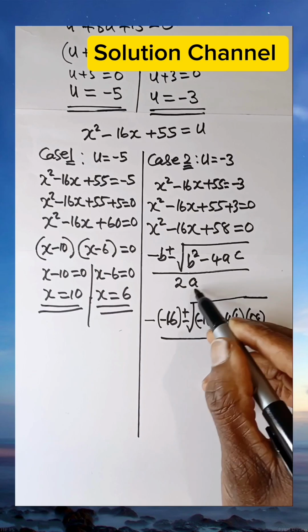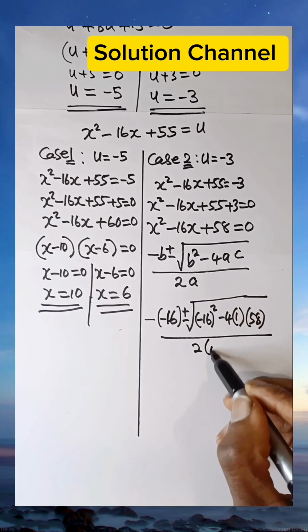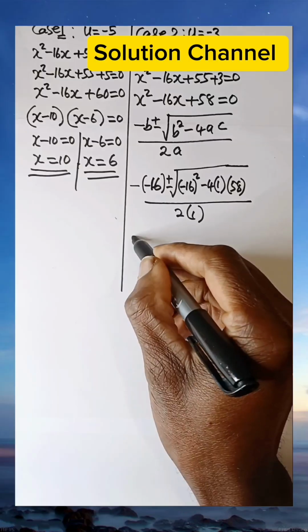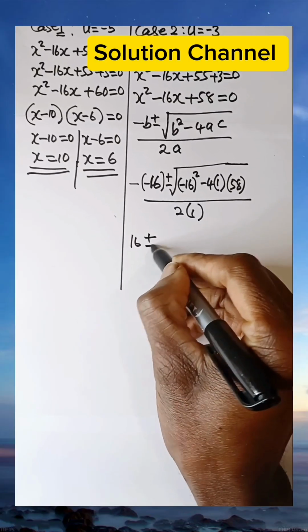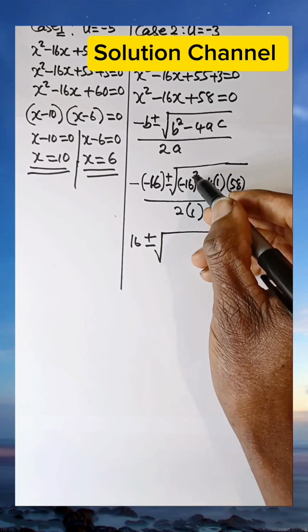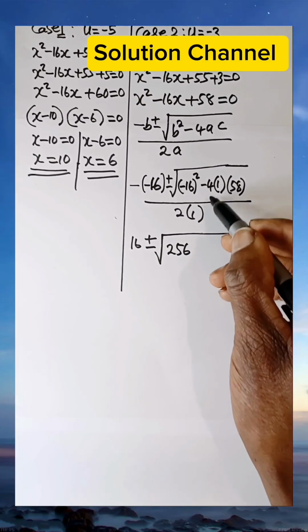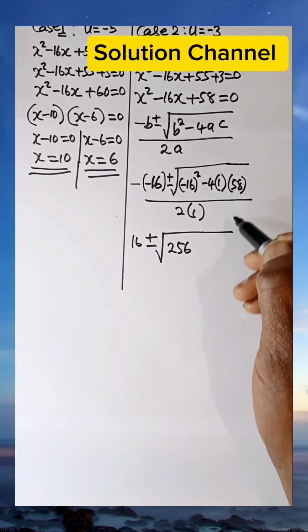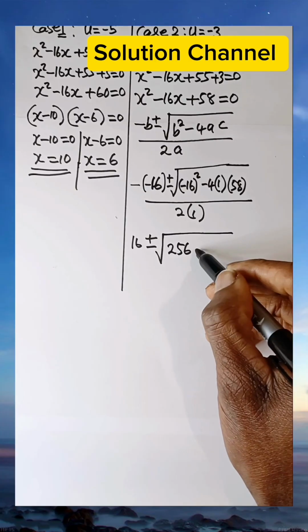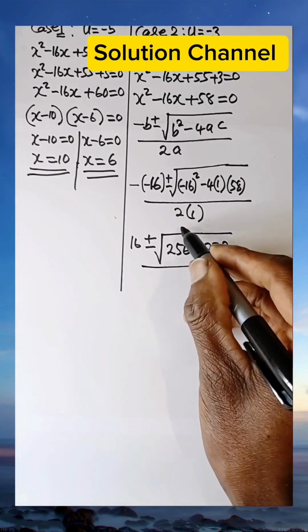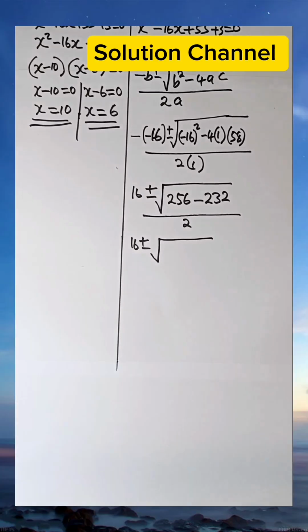Divided by 2a, 2 times 1. Here, minus times minus 16 will give us 16, plus or minus. Minus 16 squared is going to give us 256. Minus 4 times 1 times 58, this is going to give us minus 232. Divided by 2 times 1 is going to give us 2.